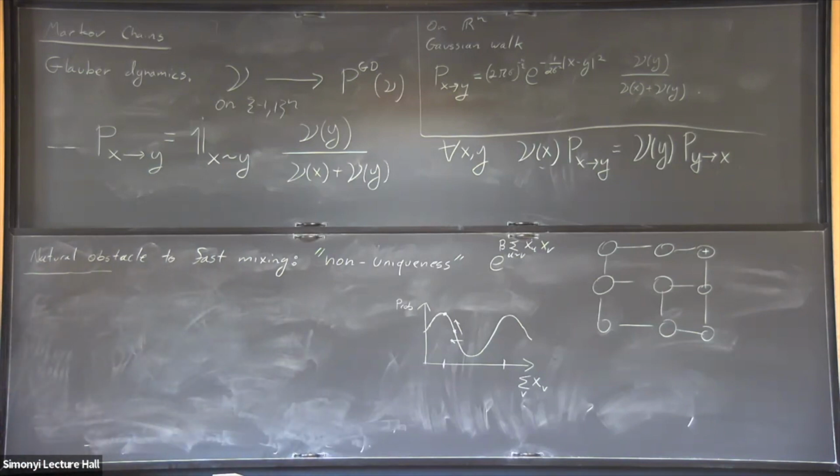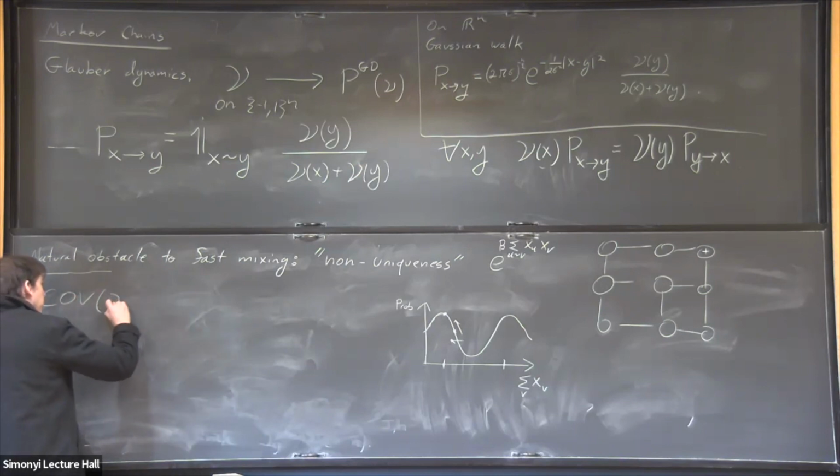So ideologically, what I want to say is that an obstacle to fast mixing is the fact that there are long-range correlations, in other words, the covariance matrix. So let's think of the covariance of mu.